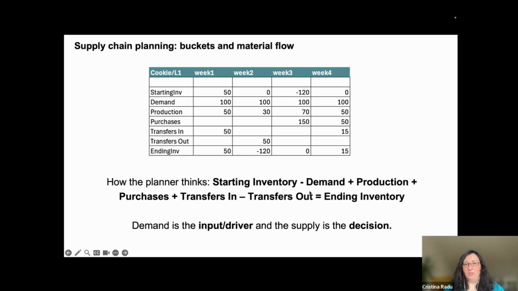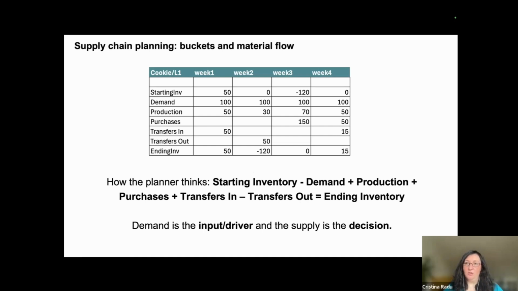The logic of this equation is about the ending inventory. In each bucket, what is my ending inventory? It's calculated from the starting inventory. You subtract the demand, you add the production, you add the purchases, you add the transfers in, then subtract what goes out. This gives you the ending inventory.